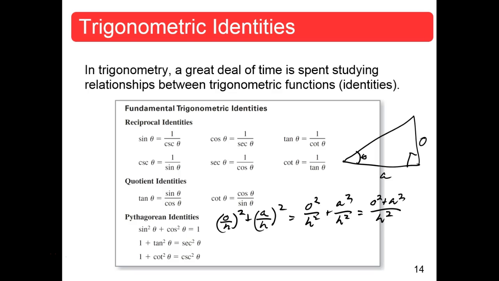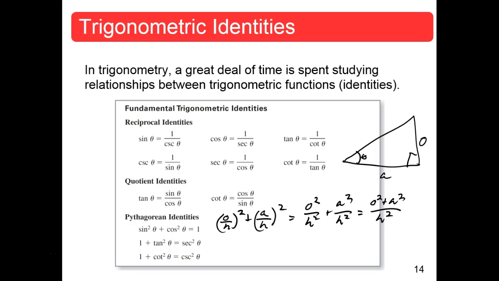Okay, what if I didn't call that opposite? What if I called that B? Okay, if I call it B, what would this then be? Oh, yes! So what is that? A squared plus B squared is C squared.